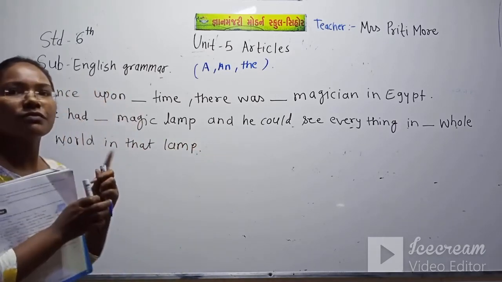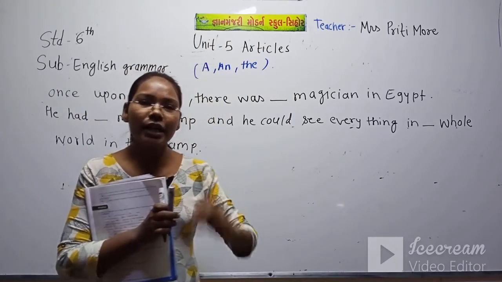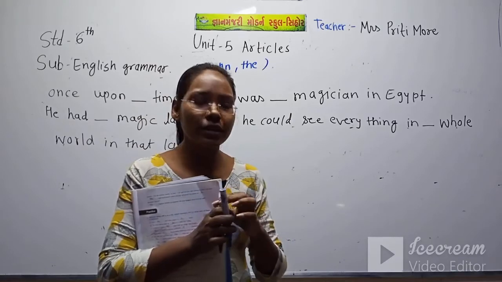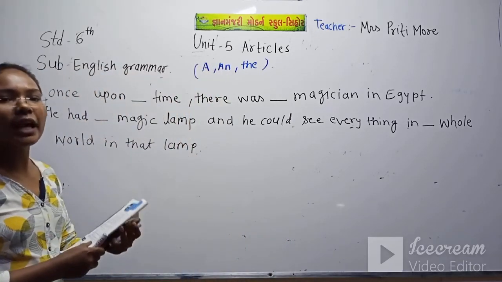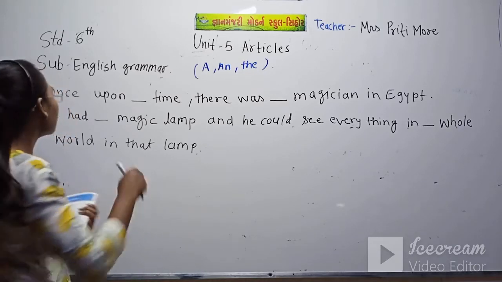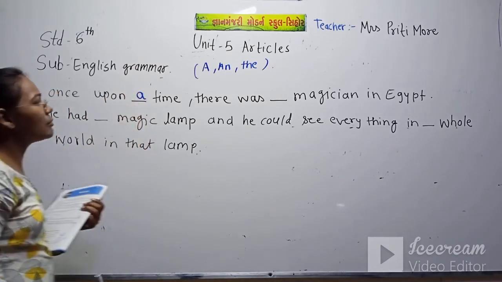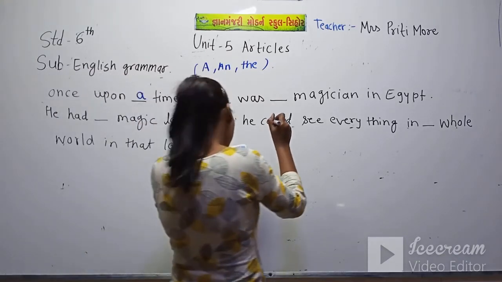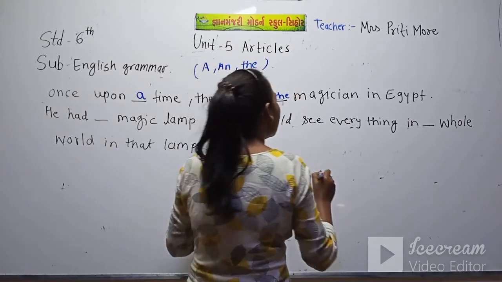That means there was a magician and he had a lamp, and in that lamp he can see the whole world. So the blank spaces are there. We have to write the appropriate article a, an, or the. So once upon a time, a will come here. There was the magician in Egypt.